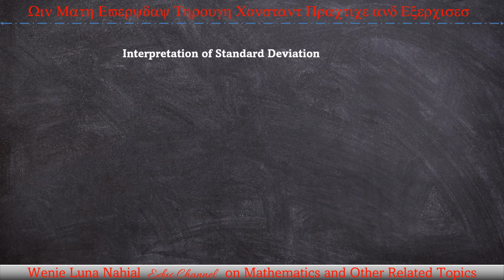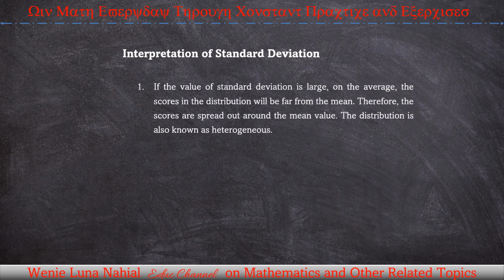Interpretation of standard deviation. If the value of the standard deviation is large, on the average, the scores in the distribution will be far from the mean. Therefore, the scores are spread out around the mean value. The distribution is also known as heterogeneous.